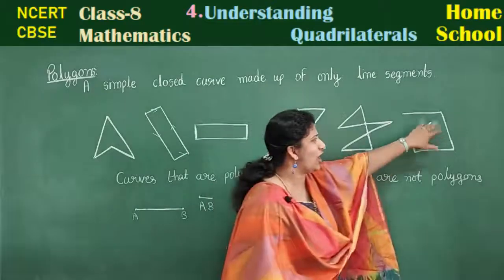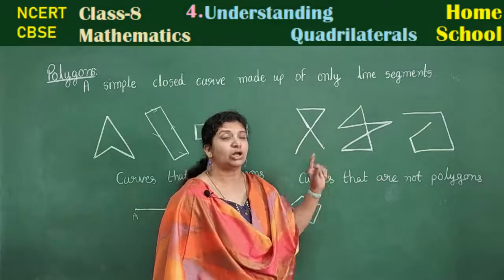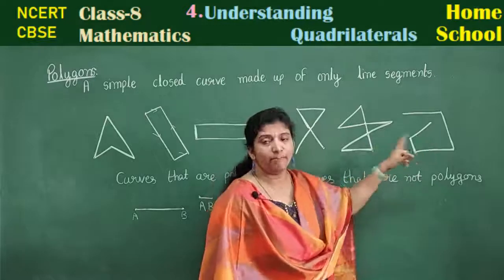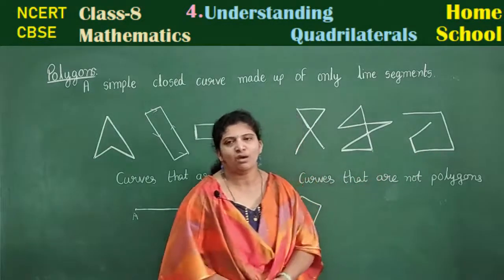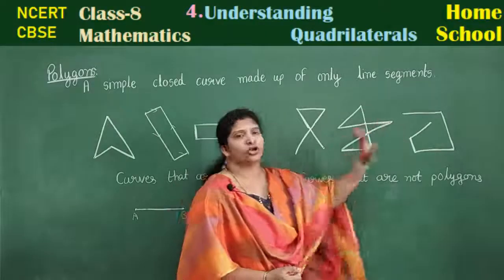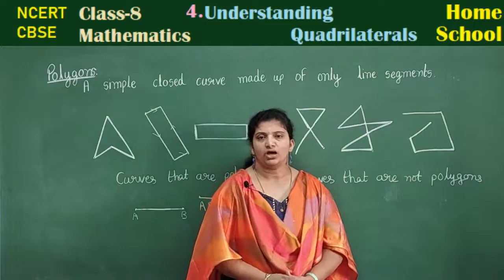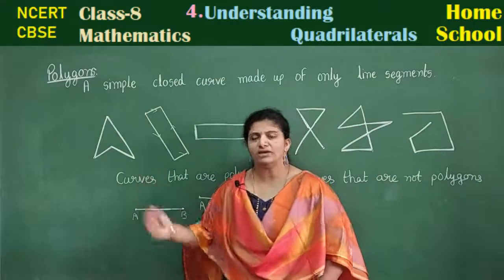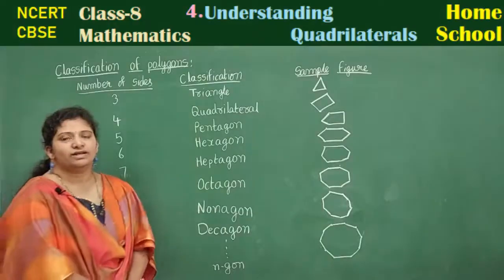No, it is not closed. A simple closed curve made up of line segments, we call it a polygon. It is not closed, so we say it is not a polygon. Okay, curves which are polygons, curves which are not polygons.